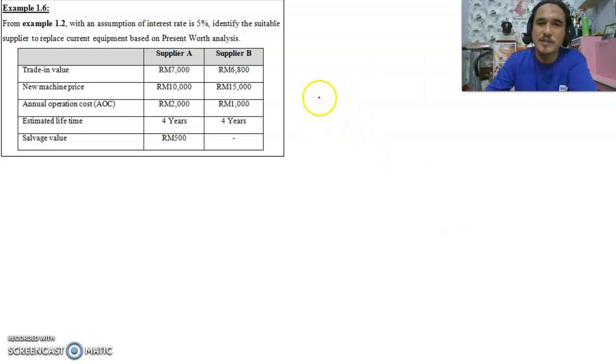The first step is to draw the CFD for both suppliers, starting with A. One line, where N is the number of years, so N is 4 years: 1, 2, 3, 4.